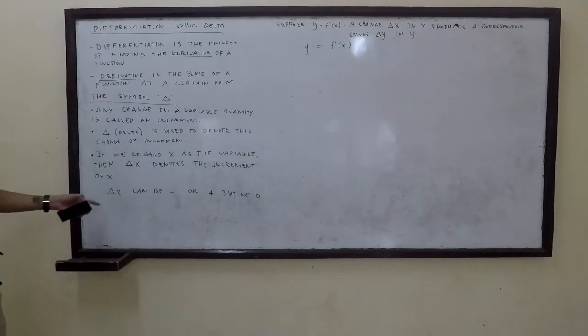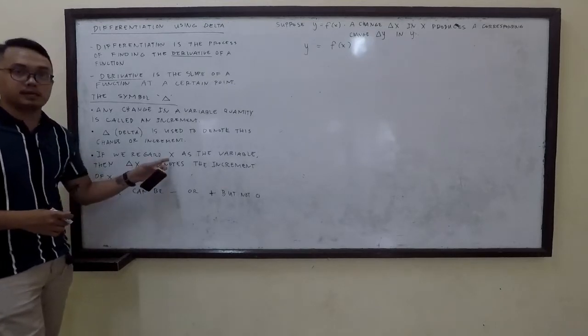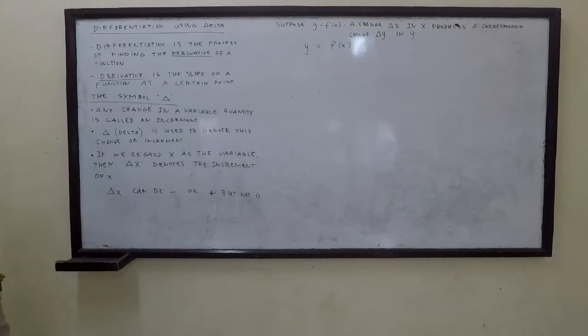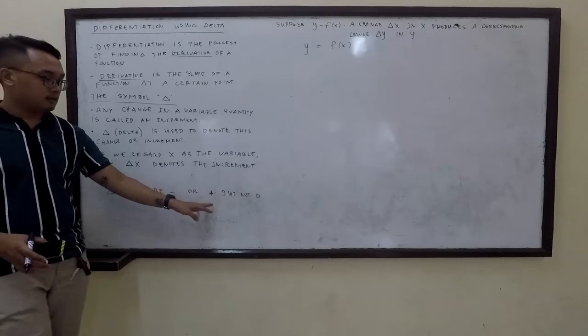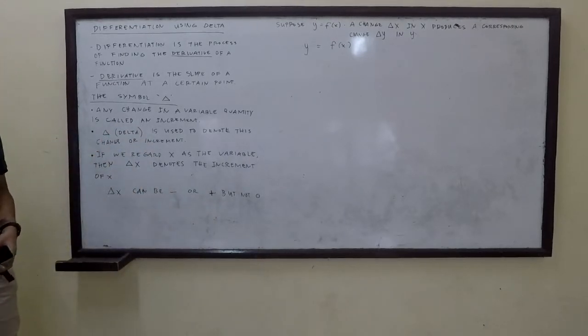Because if you put delta x as 0, we are just saying that there is no change in x, so why bother putting delta x? So once again, we put plus change or minus change, depending.